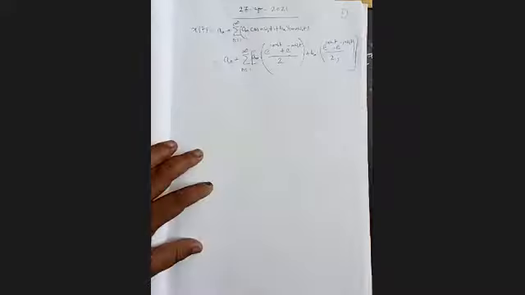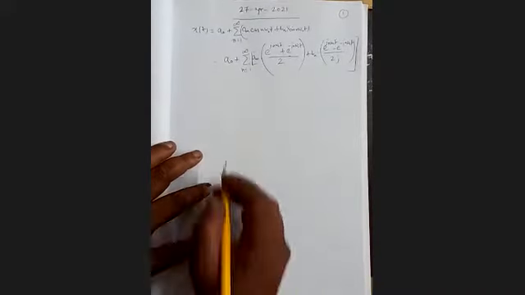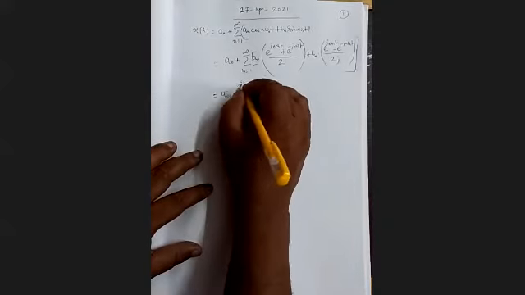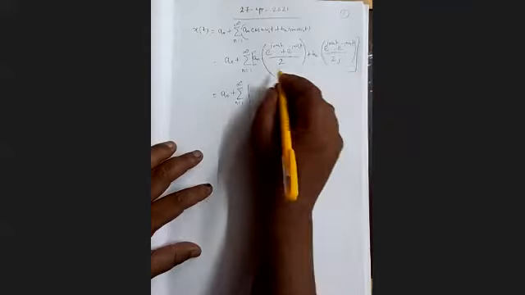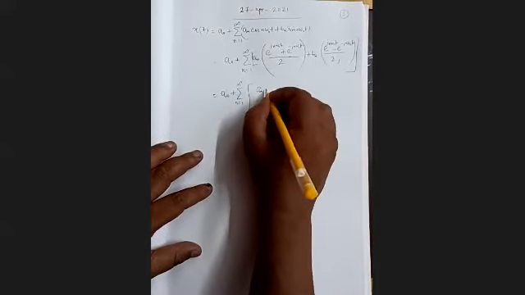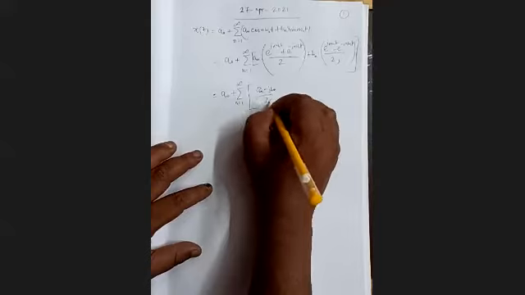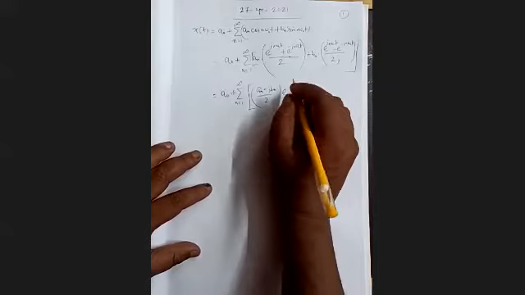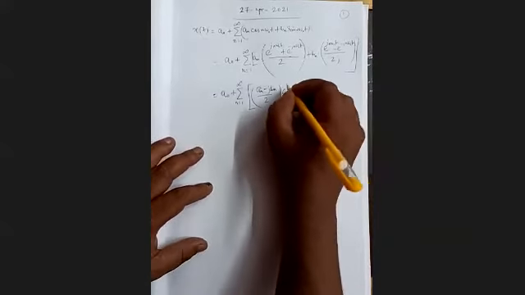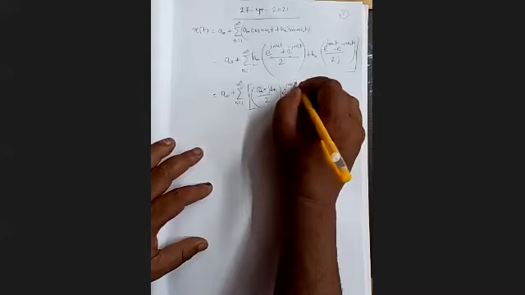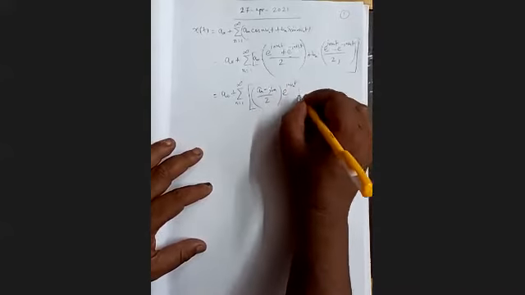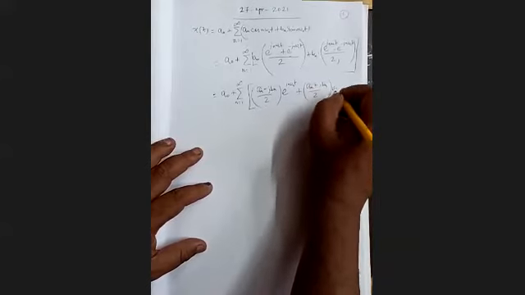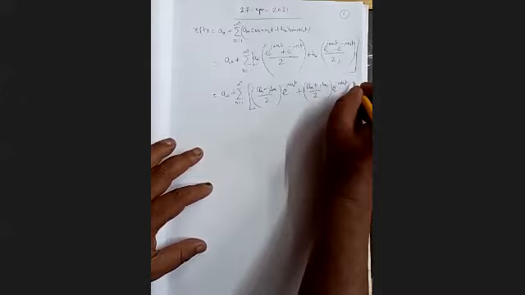Okay, so after manipulation we can write it A0 plus summation. Now we can write an minus jbn by 2, 1 by j means minus j, e to the power jn omega 0 t plus an plus jbn by 2 e to the power minus jn omega 0 t.